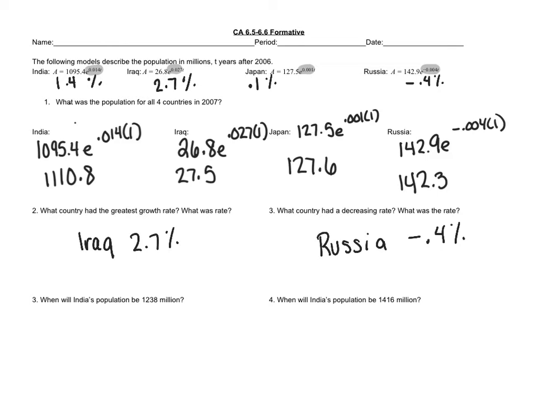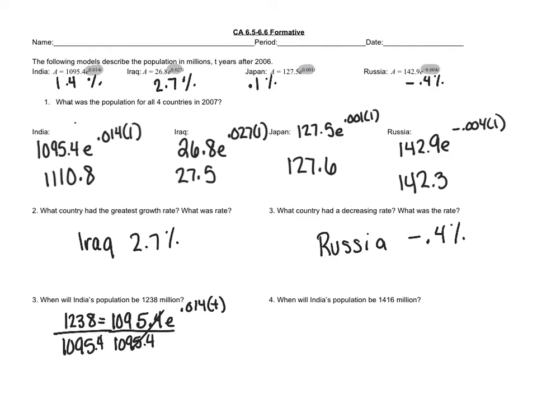So how many years? So we're going to use that as our equal. Then we're going to go back to that formula, 1238 equals 1095.4 e to the 0.014t power. So our goal is to get t by itself here. So we're going to go ahead and divide by this on both sides.